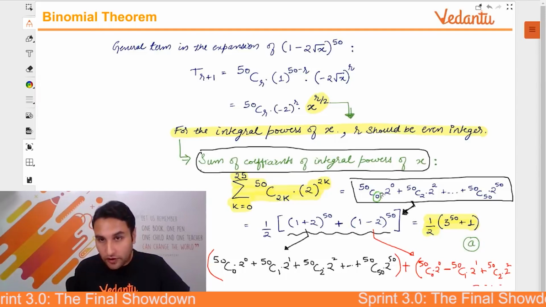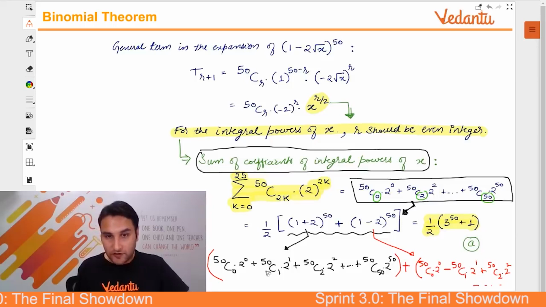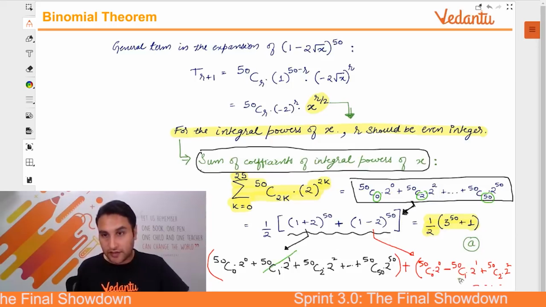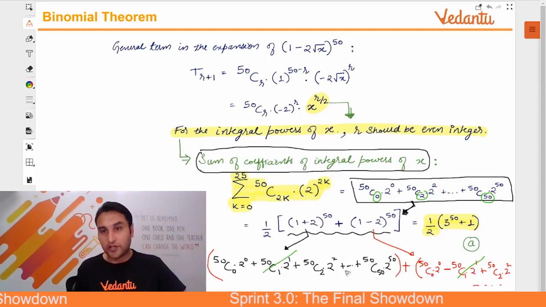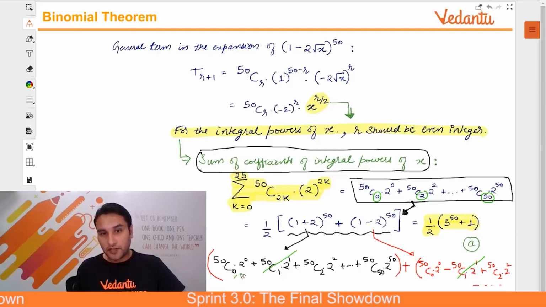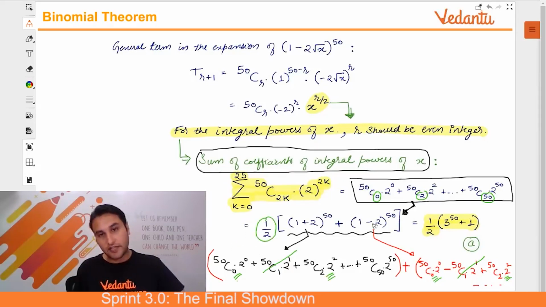Here you only wanted even, 0, 2 से लेके 50 तक. So if you see carefully, these terms will get cancelled out. All the terms where it is C1 or C3 and so on will get cancelled out, giving you only the addition of the even terms, right? Hence, I added a half here. That's it.